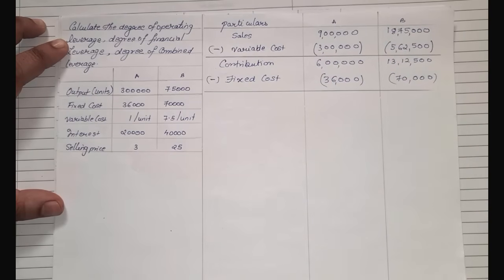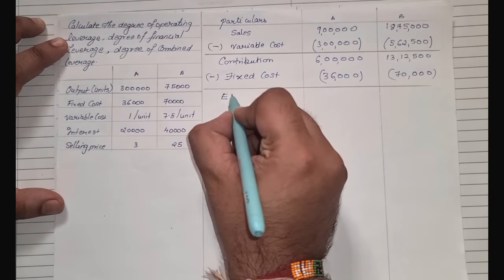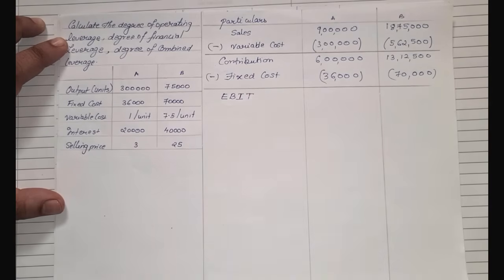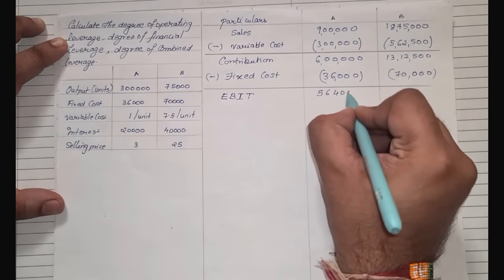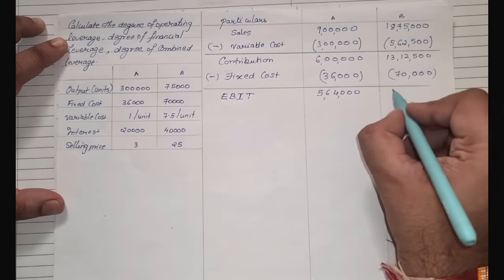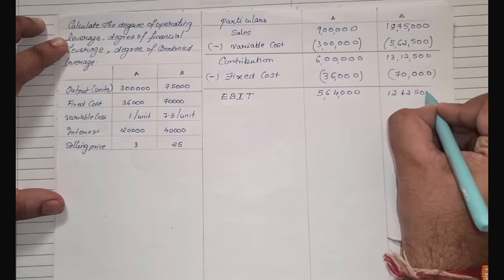Sales less variable gives us contribution, less fixed cost will give you earning before interest and tax, that's EBIT. 6 lakhs minus 36,000 is 5 lakh 64,000, and 13,12,500 minus 70,000 will give you 12 lakh 42,500.